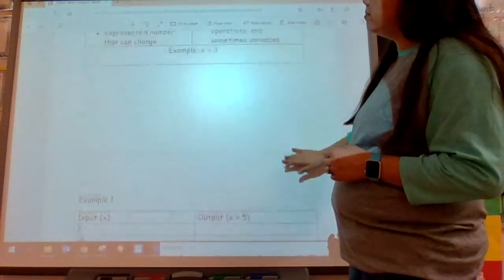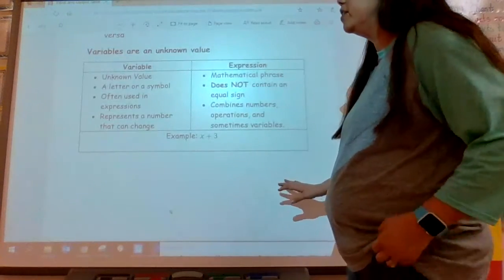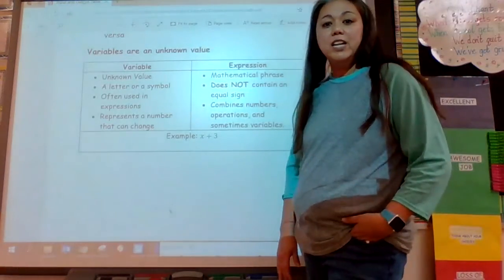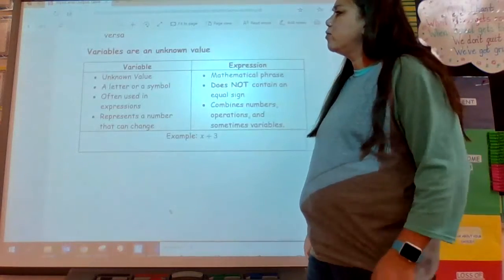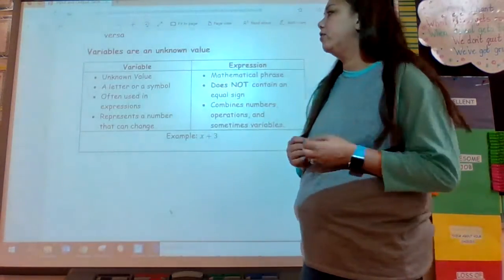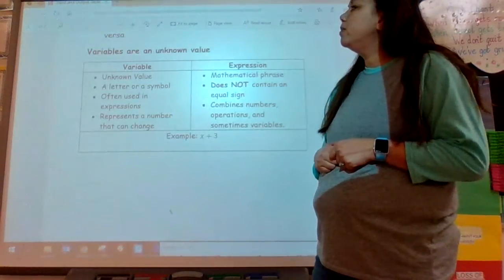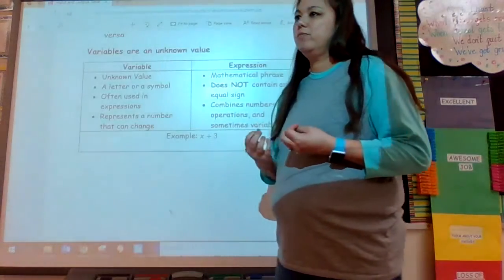This is just some vocabulary that you're going to be hearing. And it's really good to get a really good understanding of some of this vocabulary. It'll help you later on in your higher level math classes that you're going to be taking. So variables are just an unknown value.